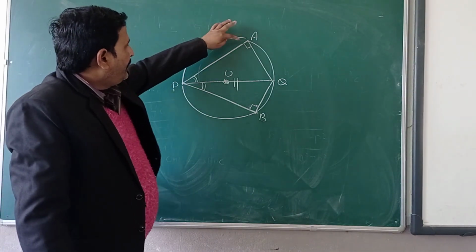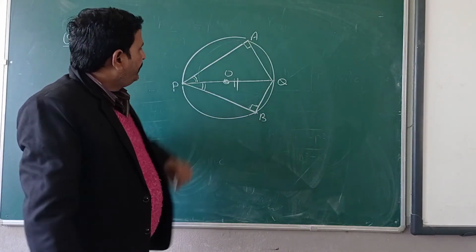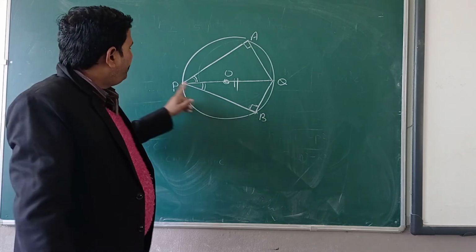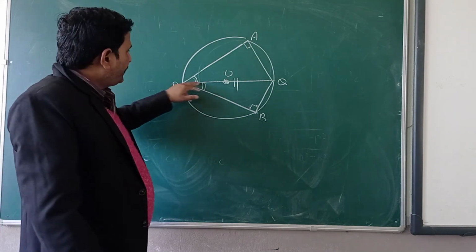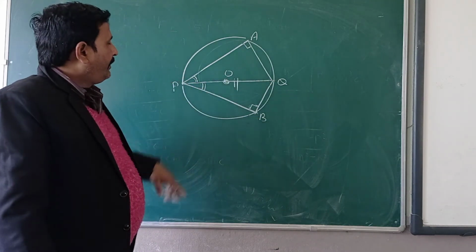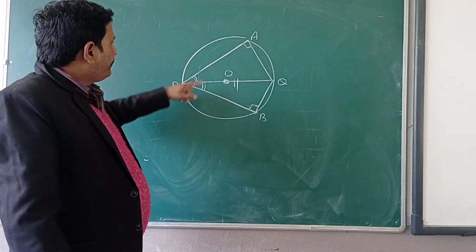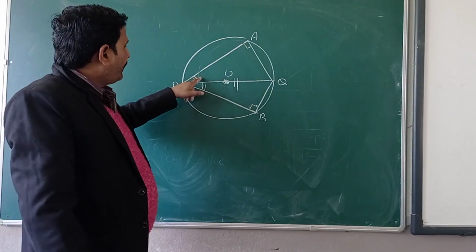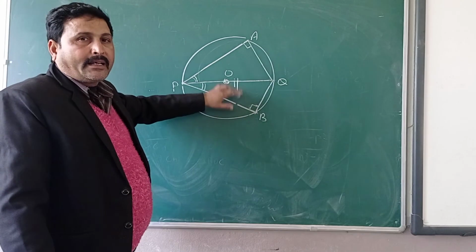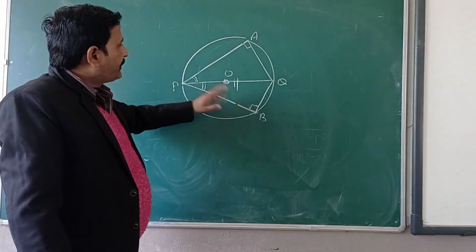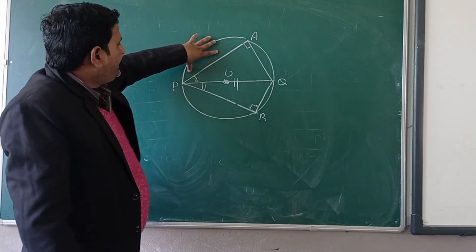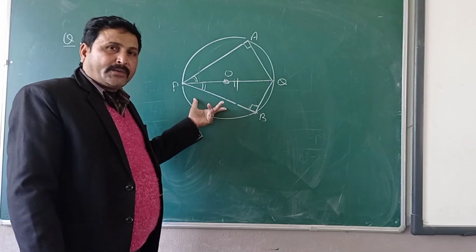Second, angle APQ is equal to angle BPQ because this is the bisector of this angle, and PQ is equal to PQ, common. By angle side, both triangles are congruent. If congruent, then by CPCT, PA is equal to PB.